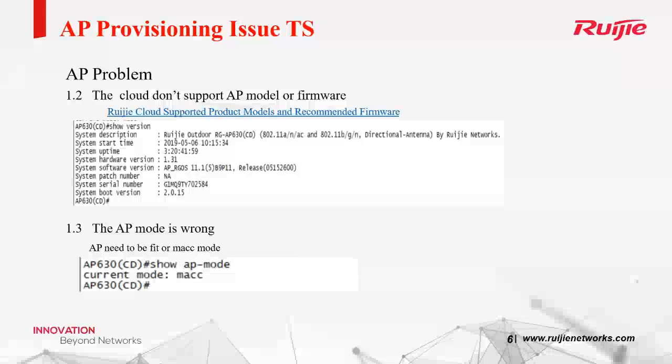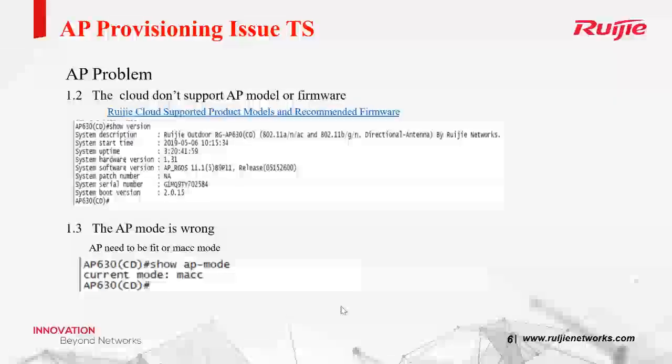Not all Ruijie APs are supported by Ruijie Cloud. So we have a list of Ruijie Cloud supported product models and recommended firmware. You can compare this list with your AP to check whether your AP is supported by Ruijie Cloud.